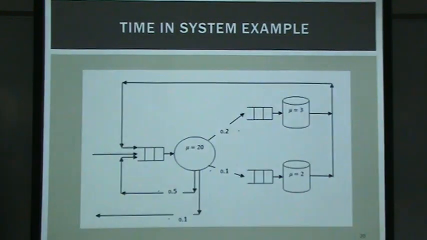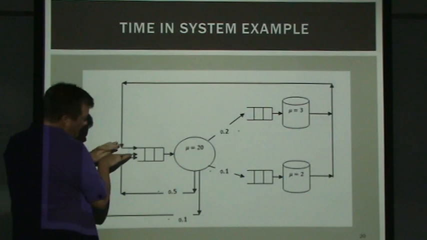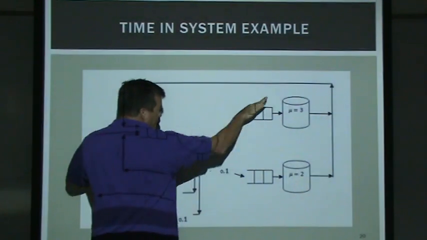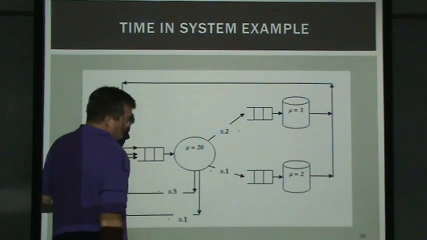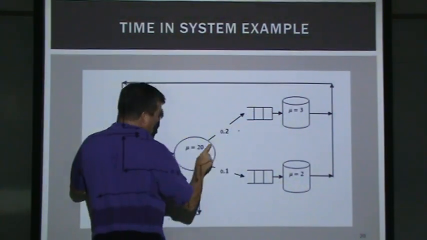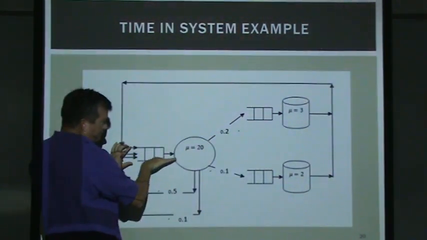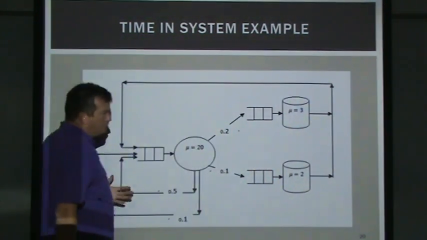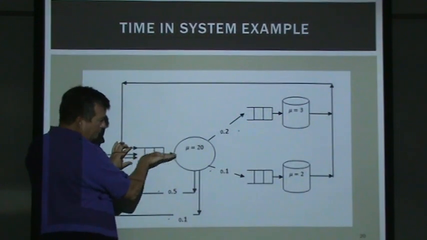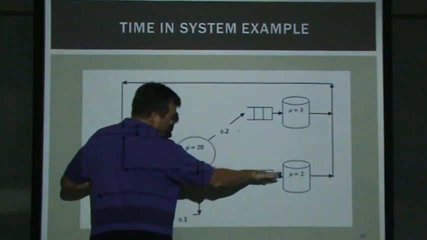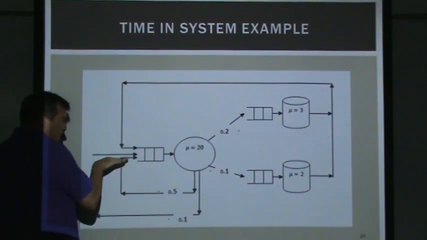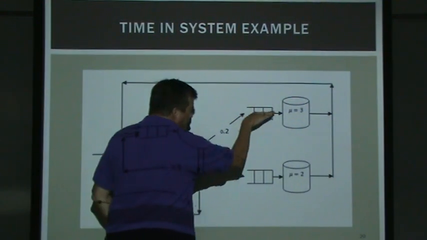So what I'm saying there is this: if the number of visits into this queue is 10 per second, 20% of them go here, 10% of them go here. So if this is 10 per second, then they're coming into here at a rate of 2 per second. If this is 10 per second, then they're coming into this queue at a rate of 1 per second. So now we know what the rates are into all 3 queues.